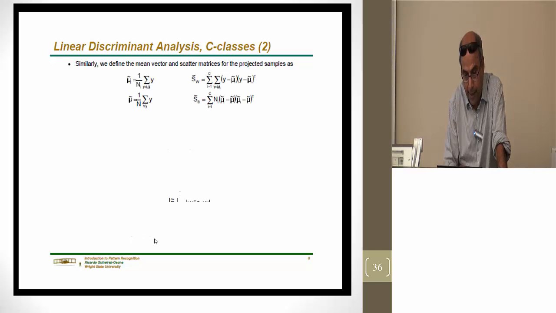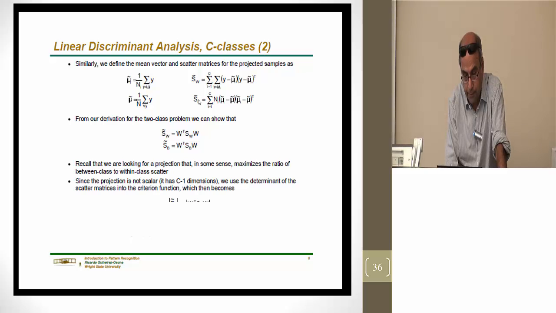So then these are more details. These are the means for each of the classes, and these are your SW and SB, exactly the same. You just keep repeating C times. So in the previous way we had summation from 1 to 2. Same thing.